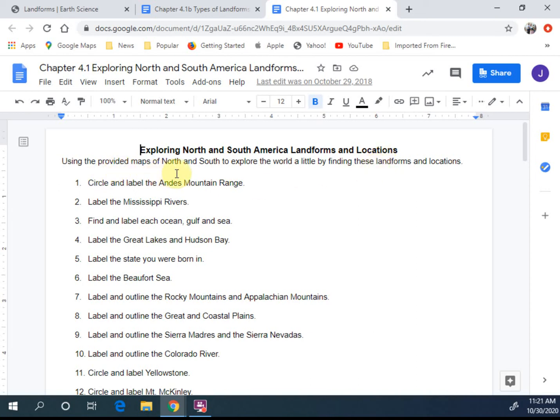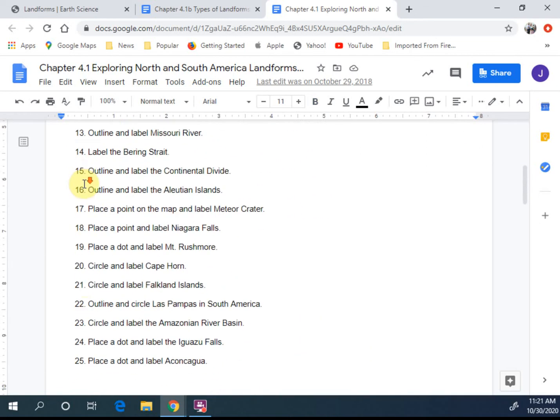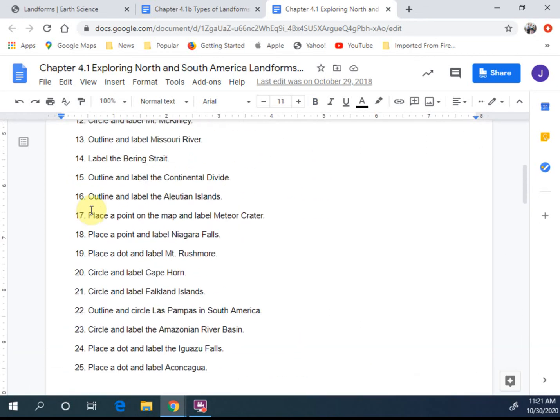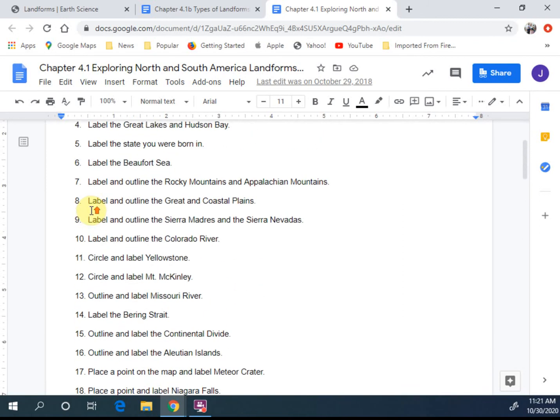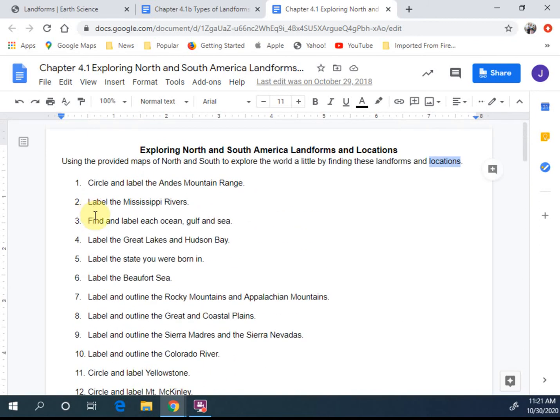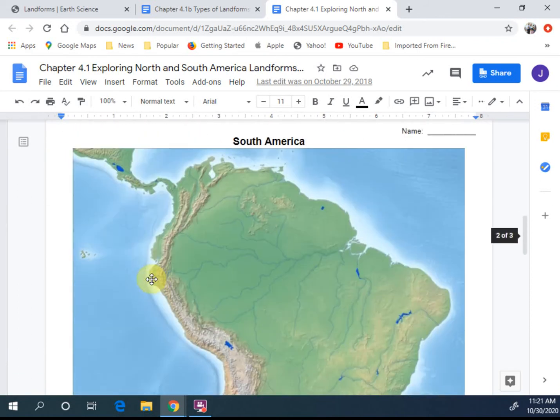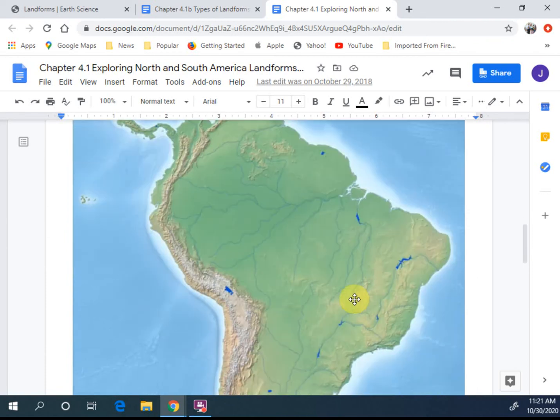Using a provided map of North and South America, you're going to explore those two continents and find specific landforms and locations. Your job is to find these 25 locations. You're going to be placing dots, circling, outlining, labeling, etc. different landforms in North and South America, which will be populated on this map that will be printed and provided for you.